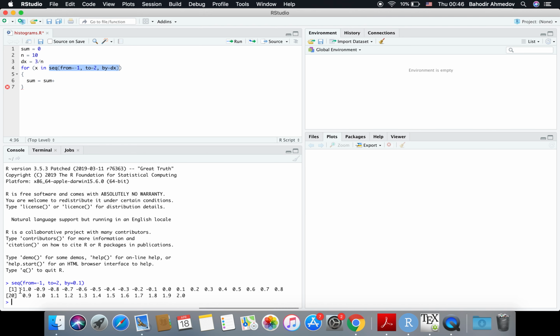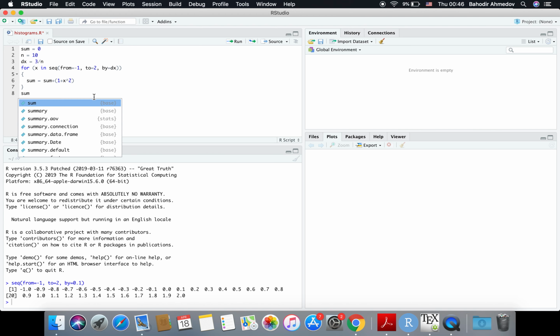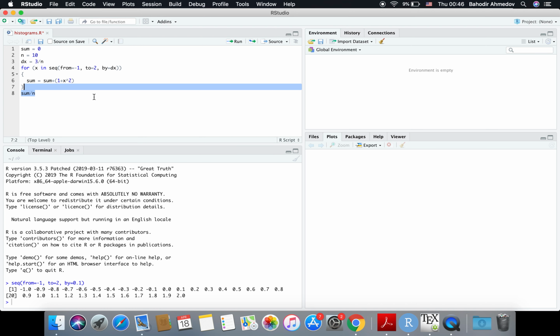You see, it gets -1 and adds 0.1 until you get to 2. So we assign all of those numbers in the sequence to x, and calculate the value of the function, which was 1 plus x squared, and sum all of the values of the function at the sample points. In the end I just need to divide the sum by n. It should give me the average of the function.